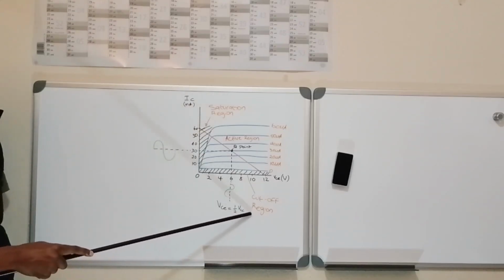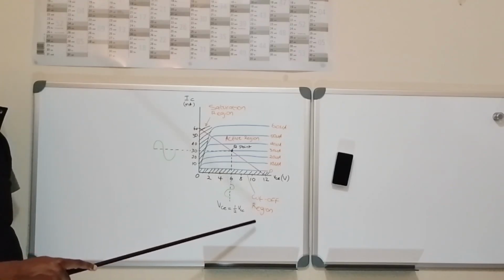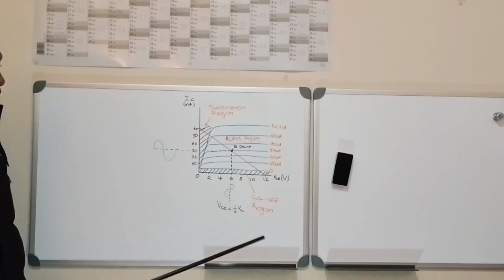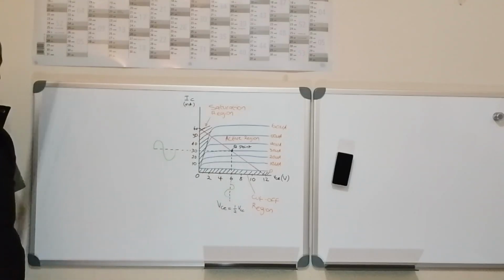In the cutoff region, it means that the transistor is off. It's like it doesn't exist, or it's like a switch that is switched off. You know the switch on the wall to switch the light on and off.